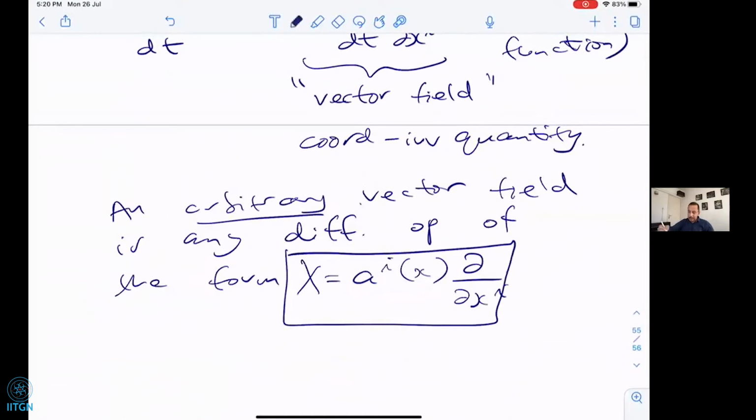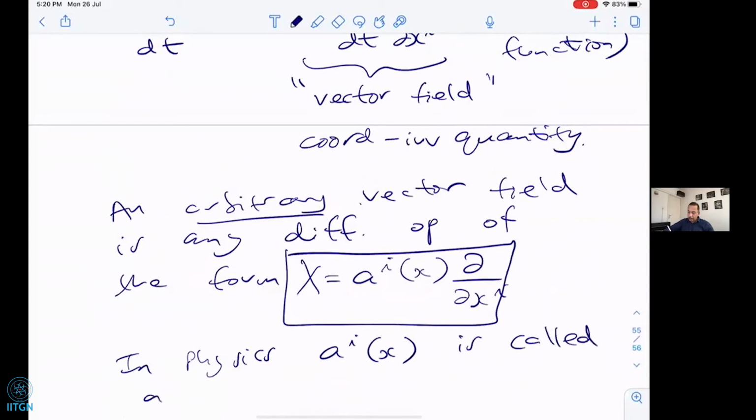In physics, the last thing to be said, ai of x is called a vector. For example, your electromagnetic potential is called a vector field. I could run over space-time indices, and then this would just be our familiar photon field, A mu of x.